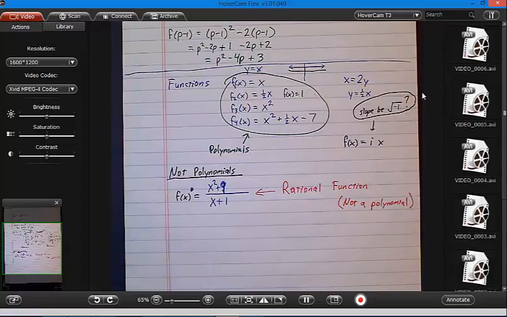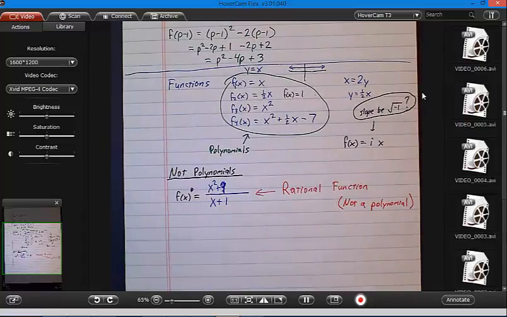But for this function, the domain changed, right? Why can't x equal -1 here? You'd be dividing by 0, so the function would be undefined. So here's an example of something that has a more interesting domain. That's one of the reasons you talk about rational functions.